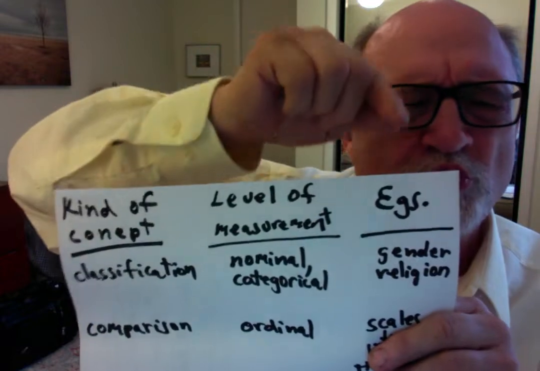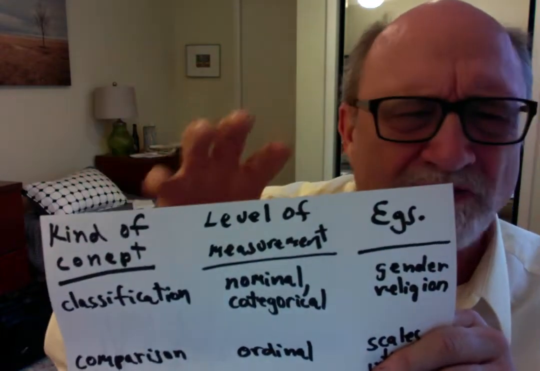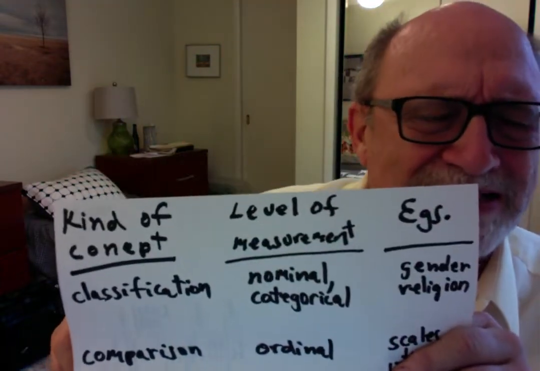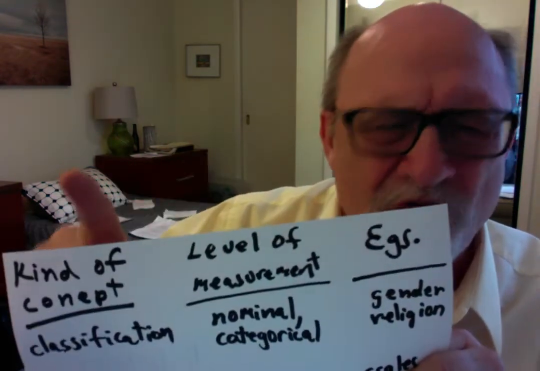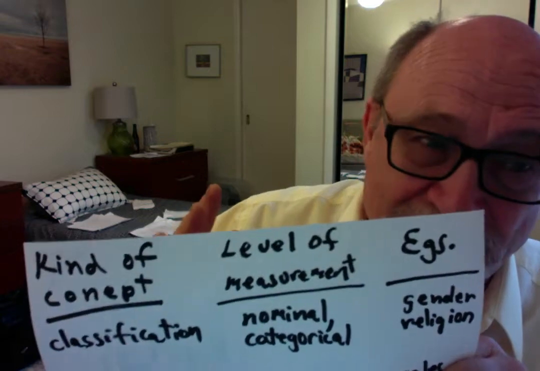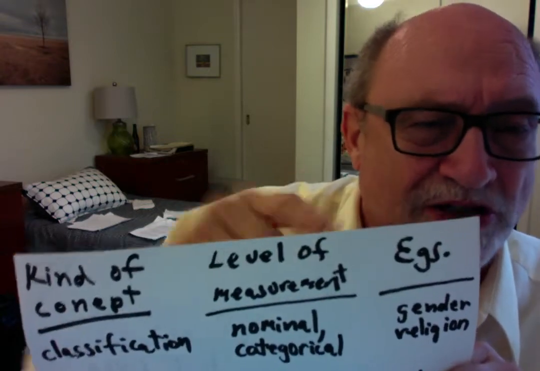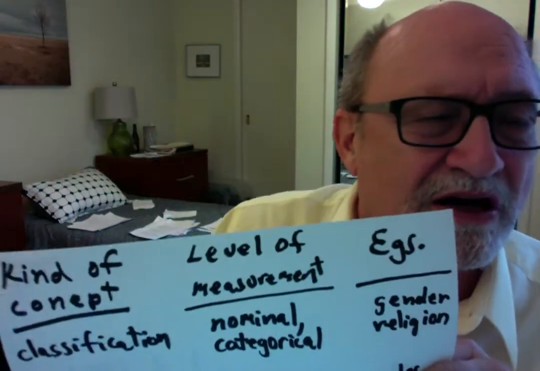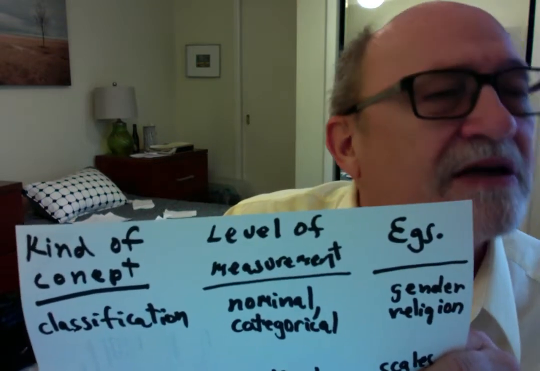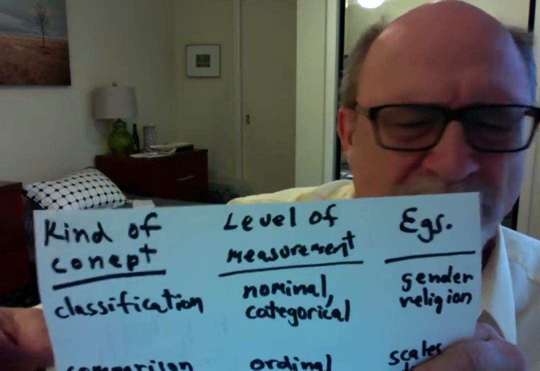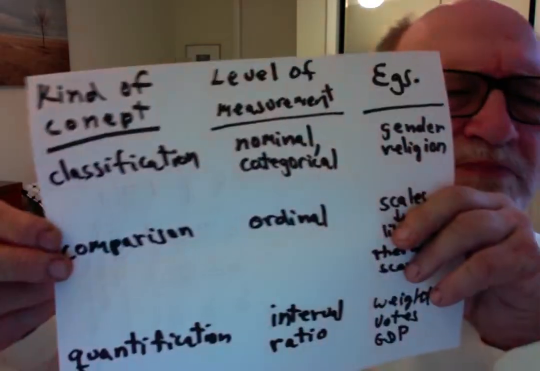We can take two people, and we have their measurement of religion, place them side by side, and what can we say? We can say either they're the same or they're not the same on religion. That's all we can say. That's not much. And we'll see when we get down to the levels of measurement that have more information that we can make more statements about people when we have measurement at a higher level of measurement.